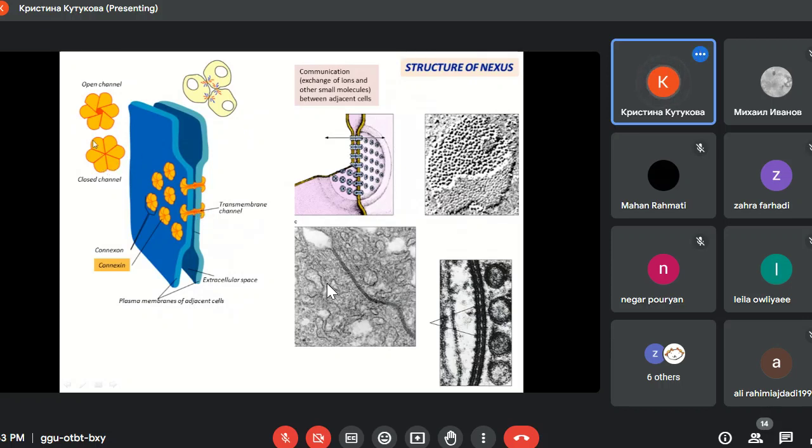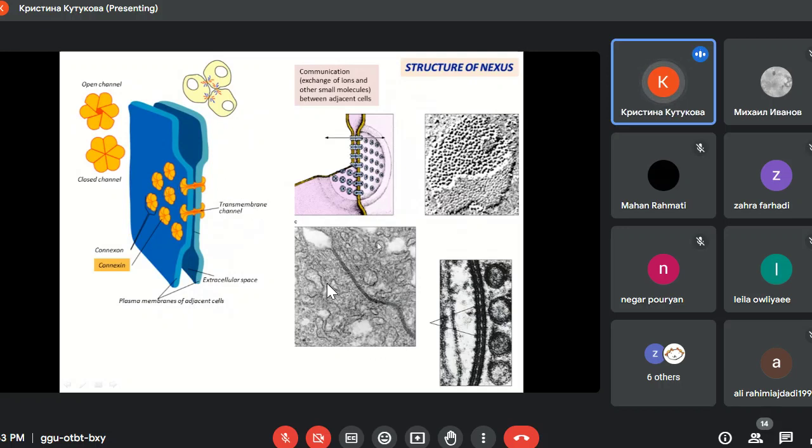Each of them is composed of 6 proteins, and these channels can be opened like in picture above, or closed as on the picture below. So when they are opened, then ions or some small molecules can easily pass from cytoplasm of one cell to another cell.